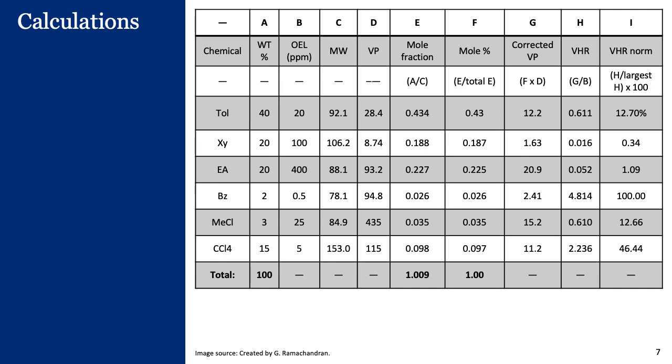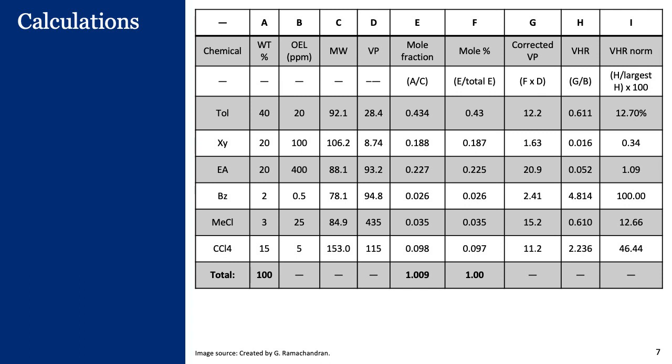This is the application of Raoult's law, which basically says that the vapor pressure of each compound in a mixture is reduced in proportion to its mole fraction. So for toluene, for example, the pure vapor pressure, if we had only toluene, would be given by column D, which is 28.4 millimeters of mercury.